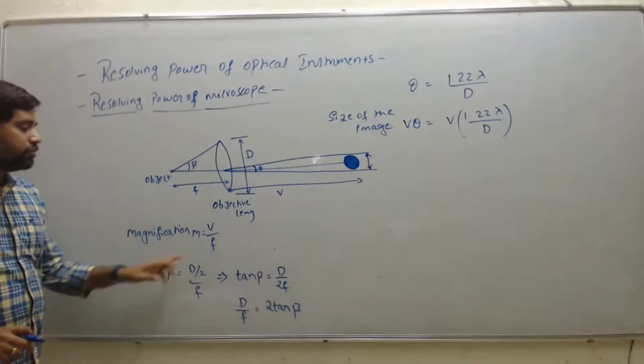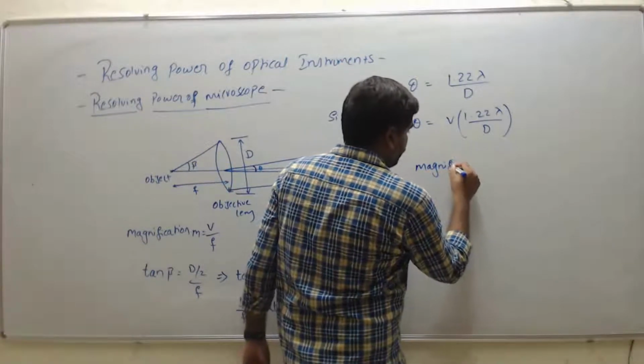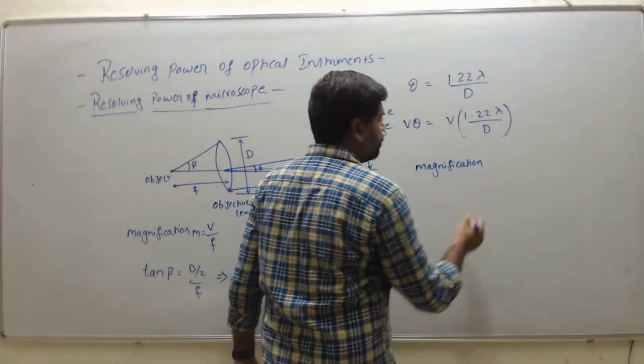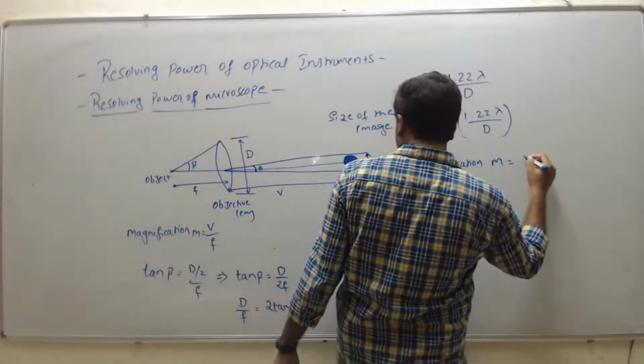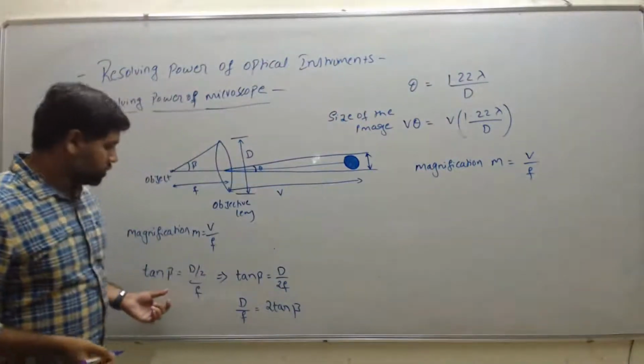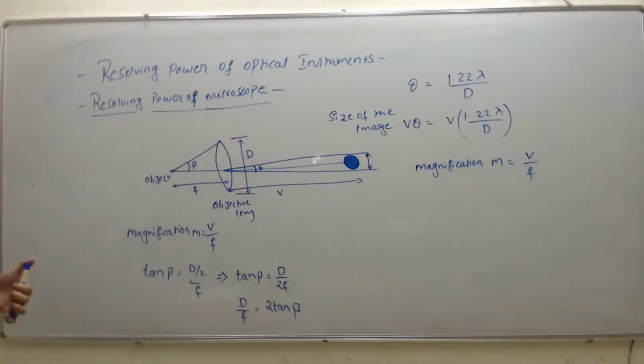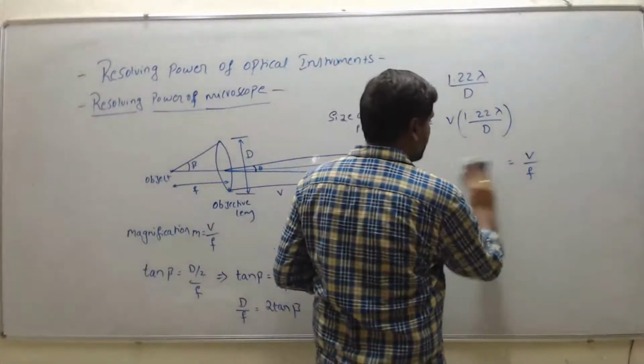So now magnification, M is equal to V divided by F. Then if we substitute the value for V, before going to substitute here, first we need to find the limit of resolution.